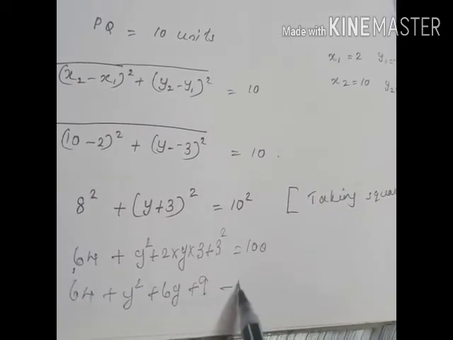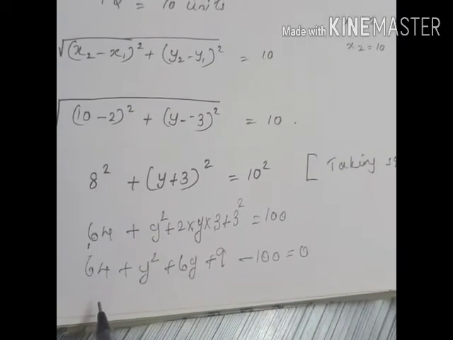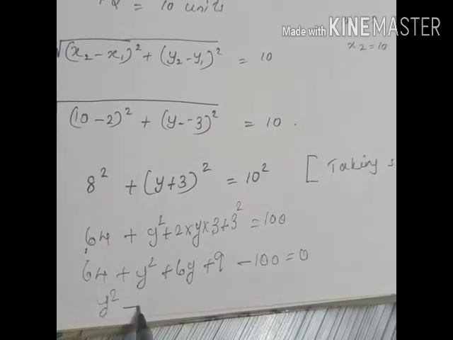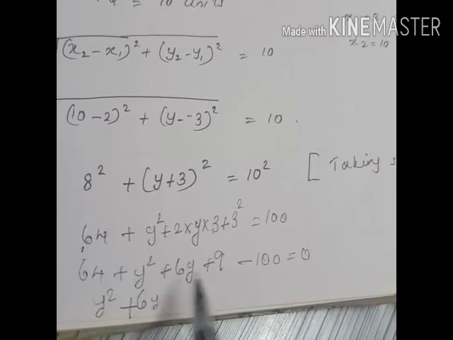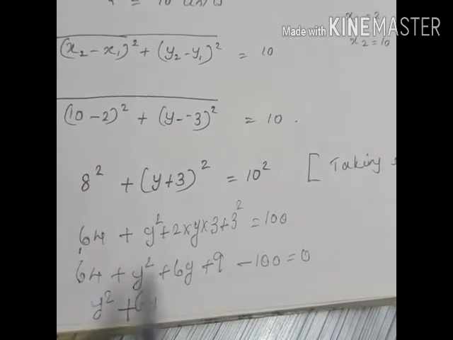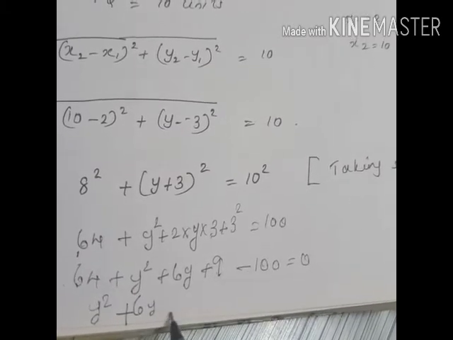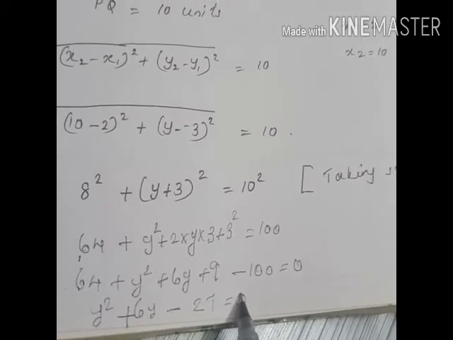We can transpose that 100 to the left side, so that it equals 0. Then we write it in simplest form: first y square, then 6y. Then the numbers can be combined: 64 plus 9 is 73, and 73 minus 100 is negative 27. That will be equal to 0.